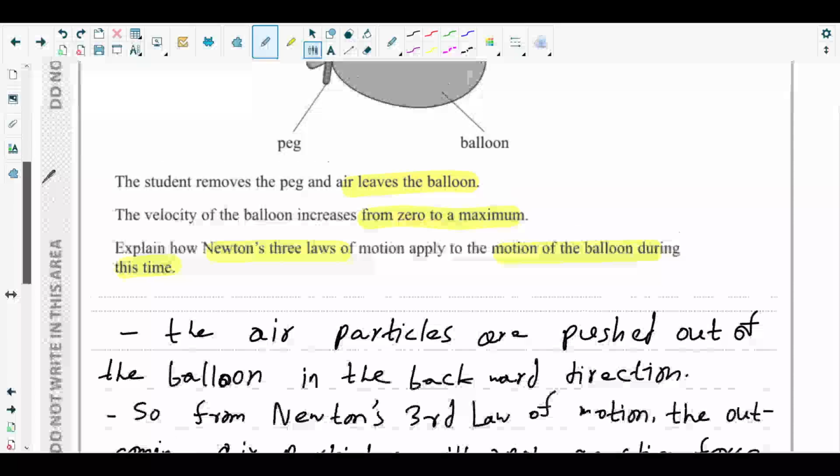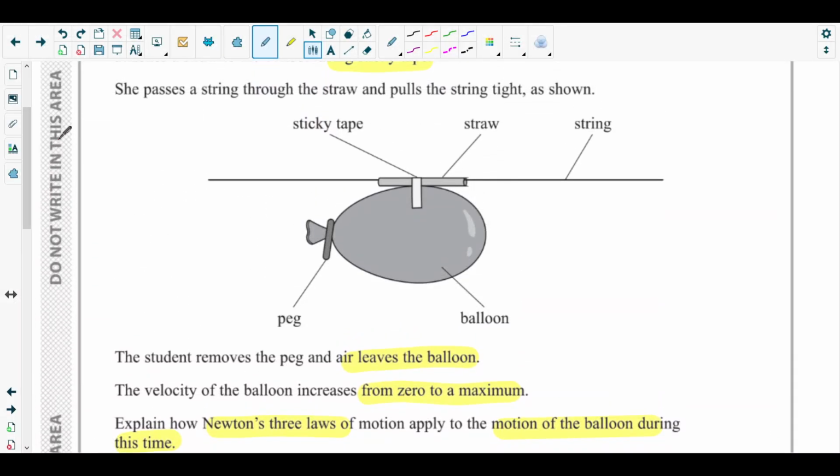The last two. What happens next? As the balloon is accelerating, its speed increases. As the speed increases, the resistive forces acting on the balloon increase, and gradually it balances out the forward reaction force. When the forward reaction force becomes equal to the resistive forces, it reaches equilibrium, so no resultant force, hence the balloon moves with constant speed.